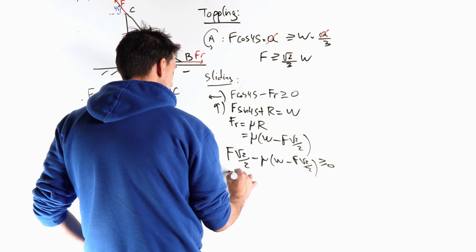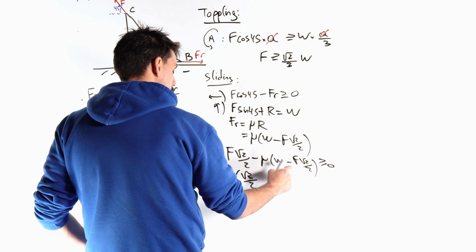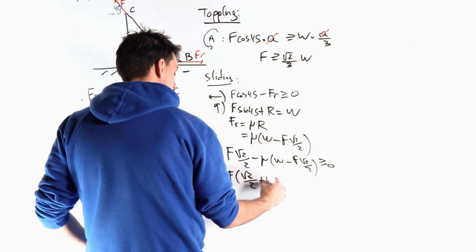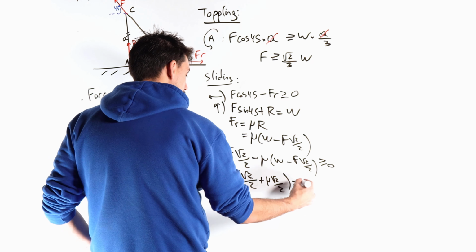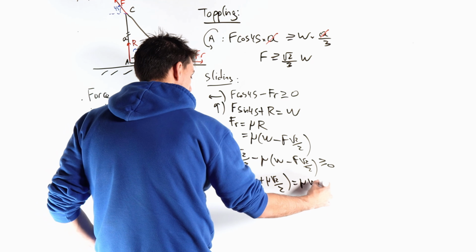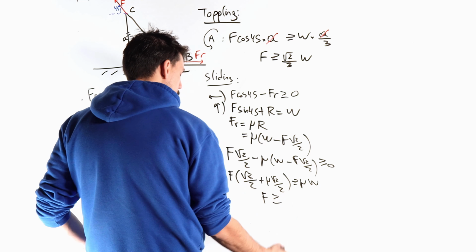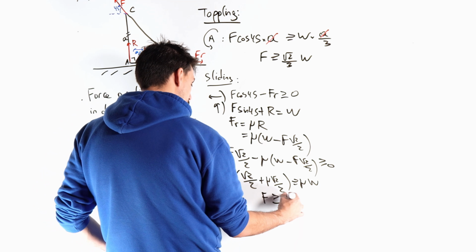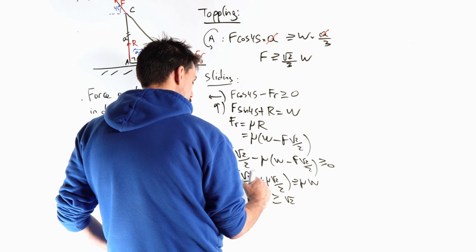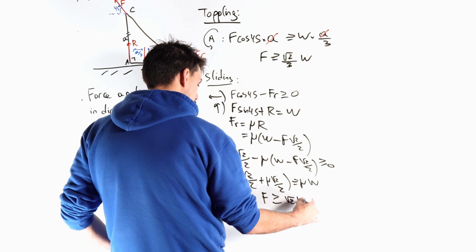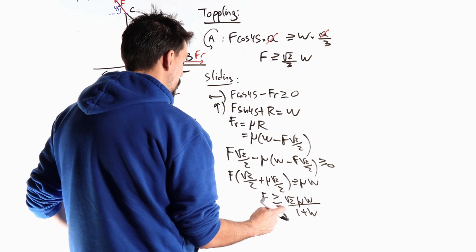So we should get F times root 2 over 2 plus mu root 2 over 2 is greater than or equal to mu W. So this tells me that F, if it's going to topple as it's sliding, is bigger than or equal to root 2, because root 2 over 2 is 1 over root 2, mu W over 1 plus mu.